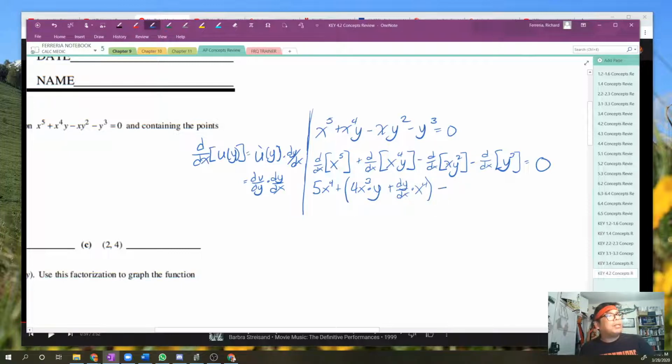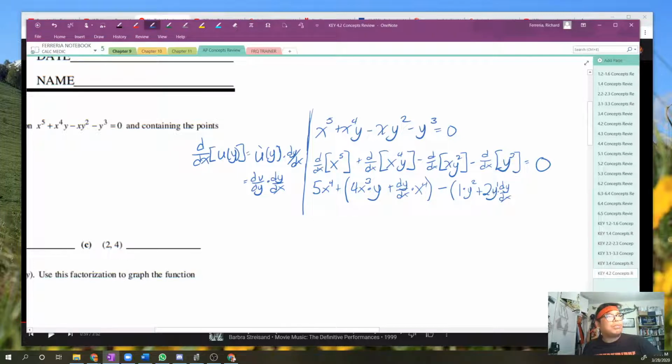Minus, this is another product pair. So it's the derivative of x, which is 1, multiplied by y squared, plus the derivative of y squared. The derivative of the square of any function is 2 times the function to the first power, multiplied by the derivative of that function, dy dx.